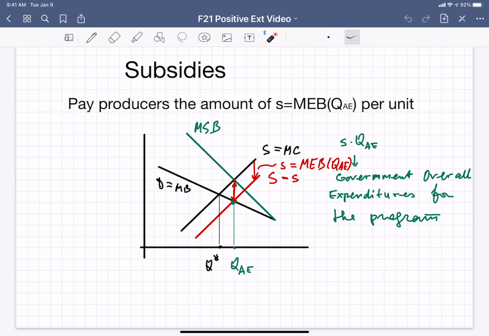You have to be careful here because MEB varies depending on how much we are producing, or consuming. So we want to measure exactly this distance against this point, not here, but exactly here, which again is MEB at QAE.